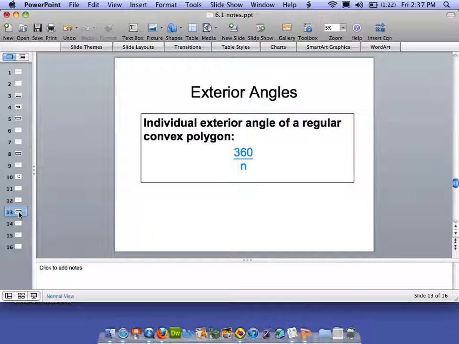To find the measure of each of those exterior angles, then, I would take the 360 degrees and divide by the number of angles, which is also the number of sides. So this is the individual exterior angle, or each exterior angle.